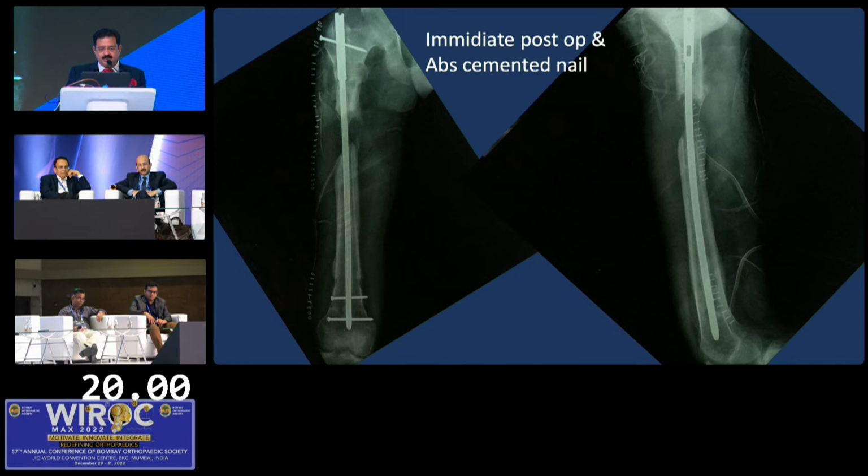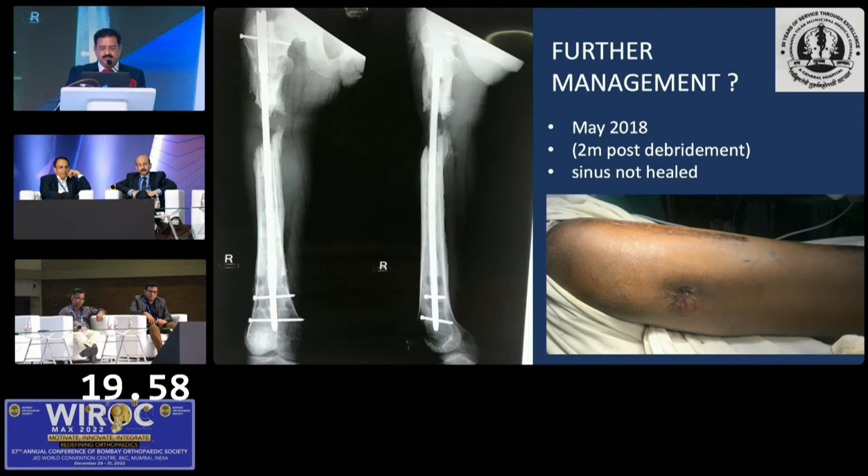So after 2 months, we thought it would come under control, but that did not happen. If you look at it after 2 months, the whole shaft was again infected. You can see there is more infection at the fracture site, and the discharging sinus again started discharging. So it has worsened by this time, and there was something else to do.